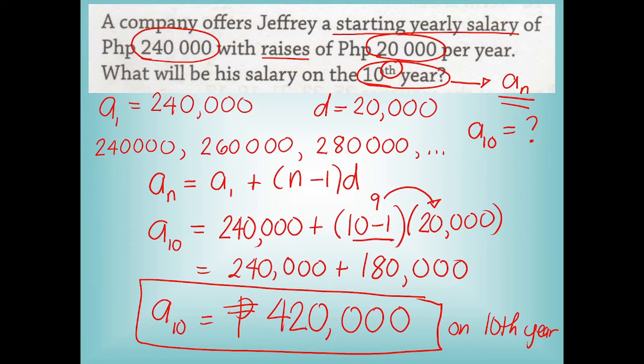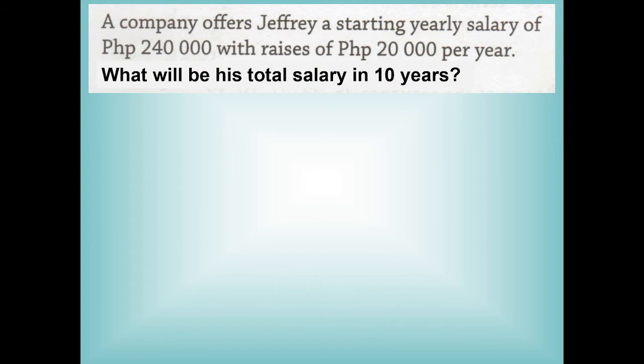This time, it's the same problem, but I have changed the question. The question now is this. Still, the starting salary, that's 240,000. The first term is still 240,000. The common difference is still 20,000.